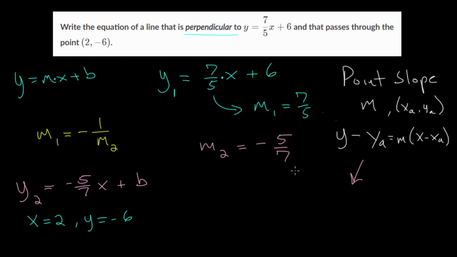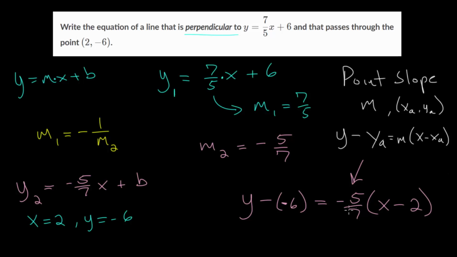So we know that we have y minus the y value of our point, which is -6. Be careful with your negative signs here. We are subtracting whatever that y value is. In this case, it's negative. So we're subtracting a negative, so in the end, we're going to add these. And we have m, which is minus 5/7, times x minus the x value of our point, which is 2.